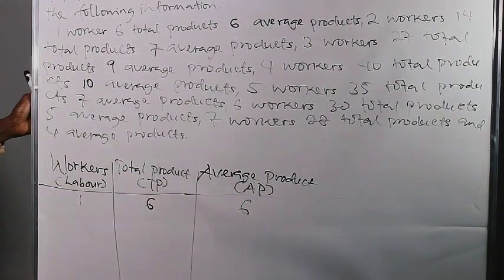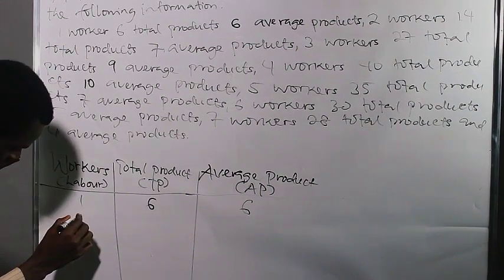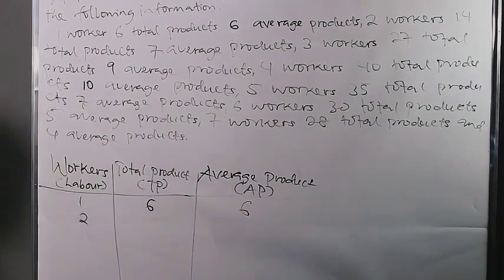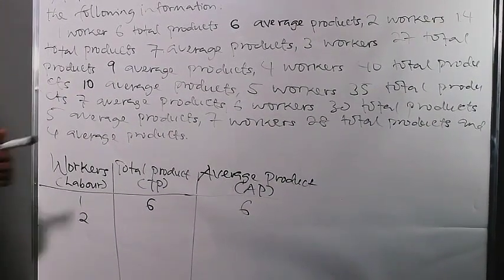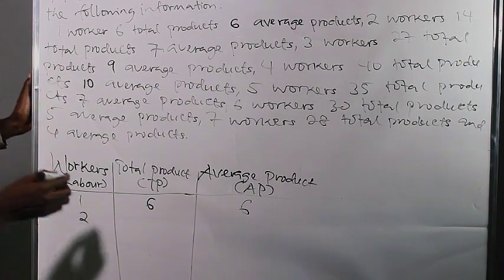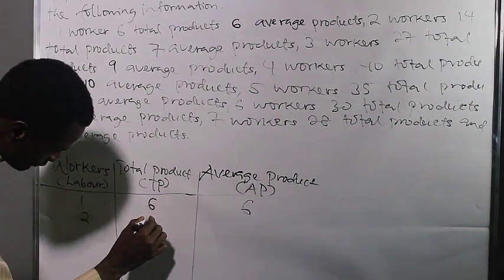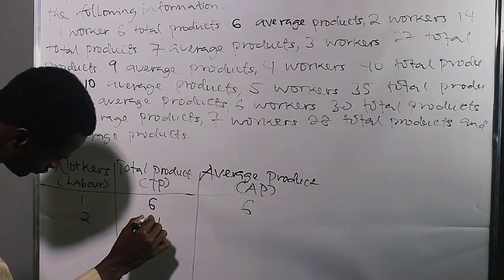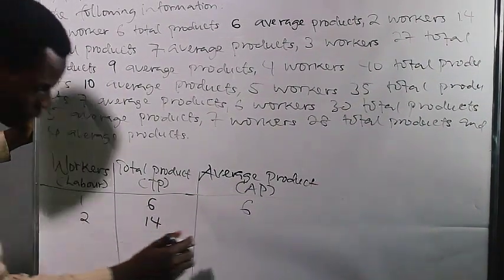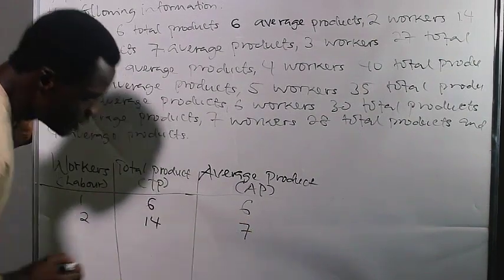Now, in the second day, another worker was employed, so 2 workers, that means plus the first one that was employed in the first day. So we have 14 units of output in the second day. So when we divide this by this, we have 7 units of output.